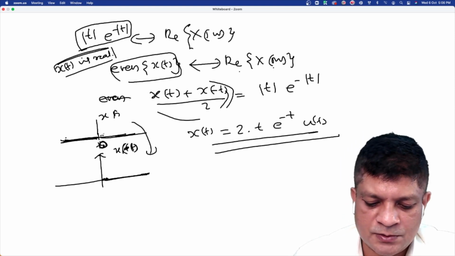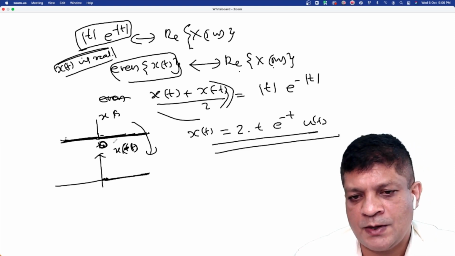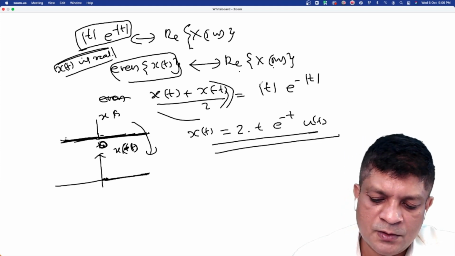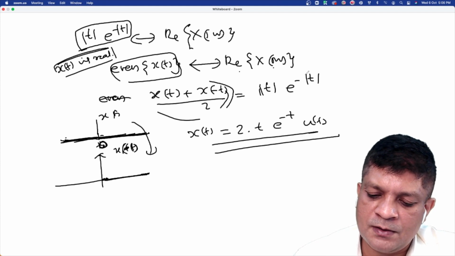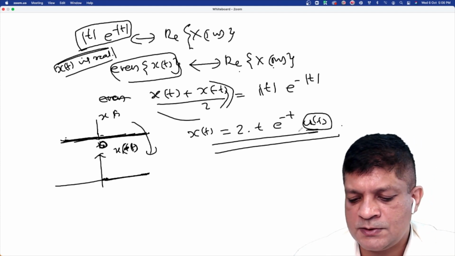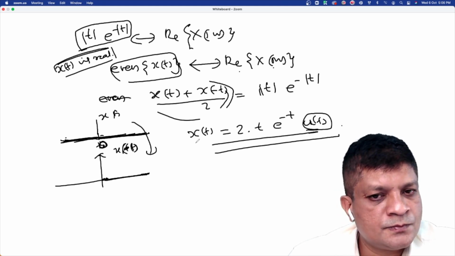Yes, sir. Because it is non-zero, we need to find it only for positive values of t, because it is given that xt is 0 for t less than 0. So for positive values of t, you can remove this mod, and the u(t) is to specify that it is 0 for t less than 0.